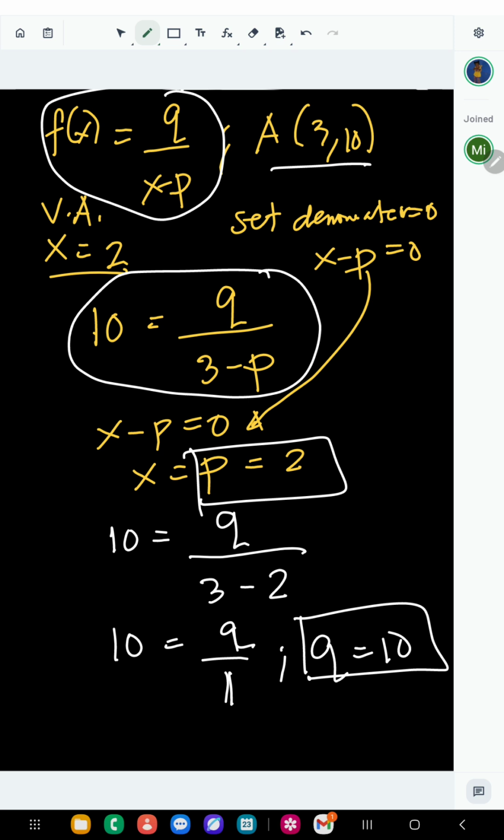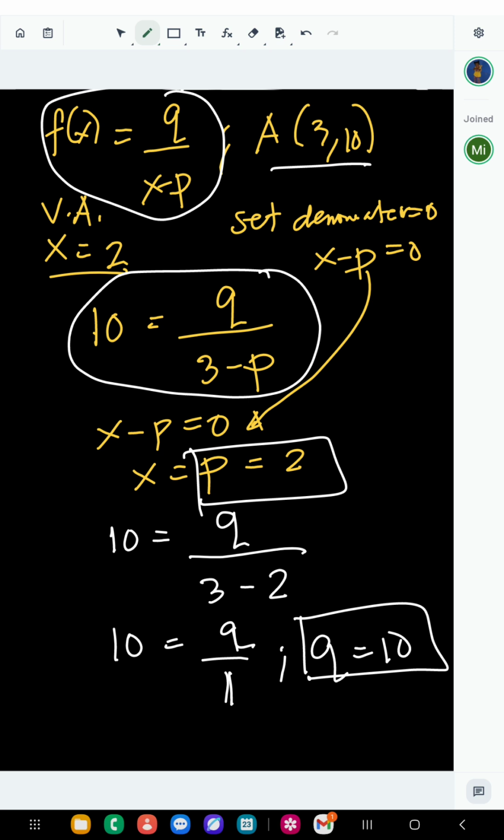I think you need to remember how to find vertical and horizontal asymptotes. For vertical, you set your denominator to 0. For horizontal, you check the degree of the numerator and denominator. If the degree of the numerator is less than the degree of the denominator, the horizontal asymptote is y equals 0.